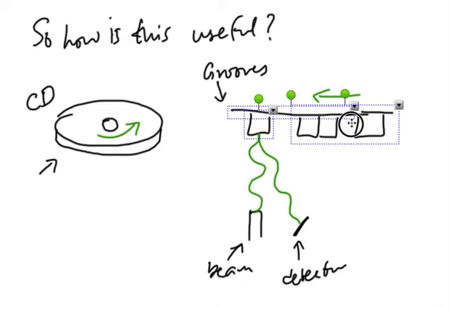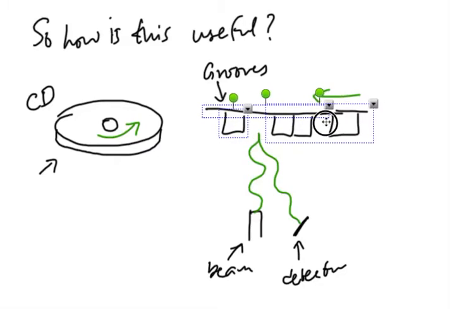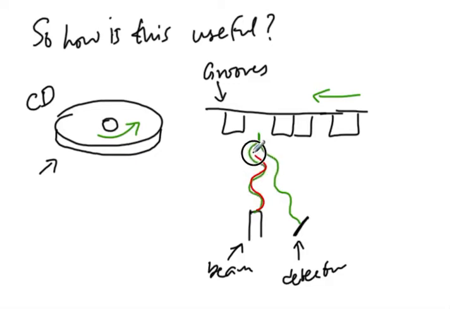Then as the CD is moving to the right, the beam will shoot out again, and this time it will go like this. But this distance is actually about half a wavelength. It'll come back here, and the detector will detect that, and it will know what the difference is between the wavelengths. That's how sensitive it is.